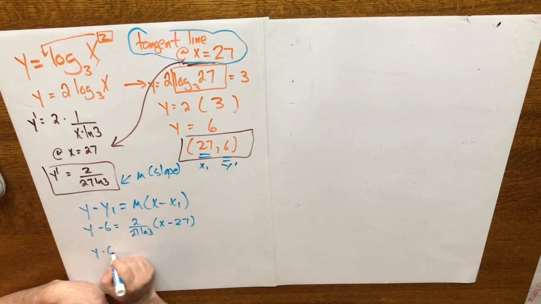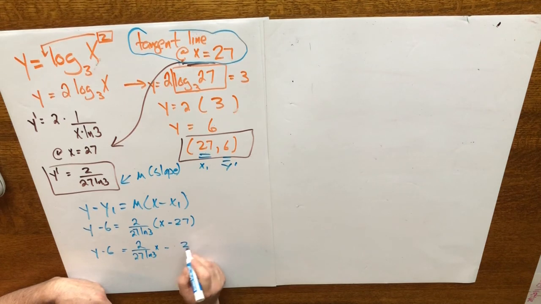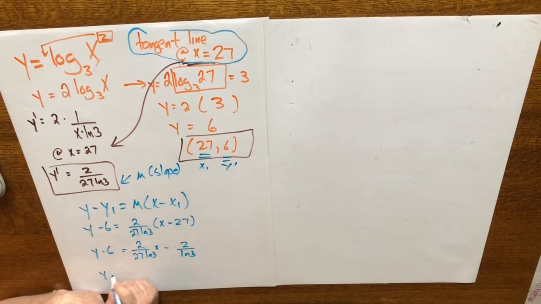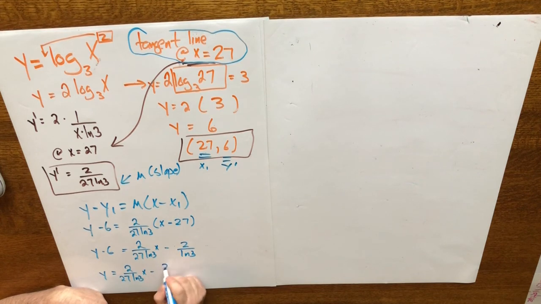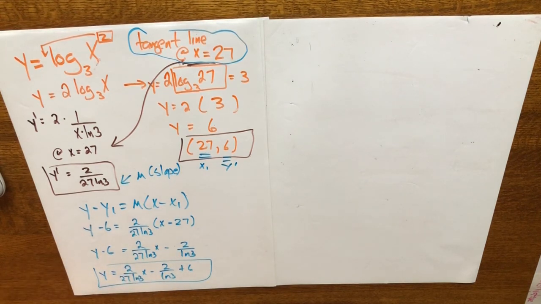So y minus 6 equals 2 over 27 ln 3 times x minus, and as we multiply those, the 27's cancel, and you get 2 over ln 3. So y equals 2 over 27 ln 3 times x minus 2 over ln 3 plus 6. And there's the equation of the tangent line, tangent to that curve at x equals 27.